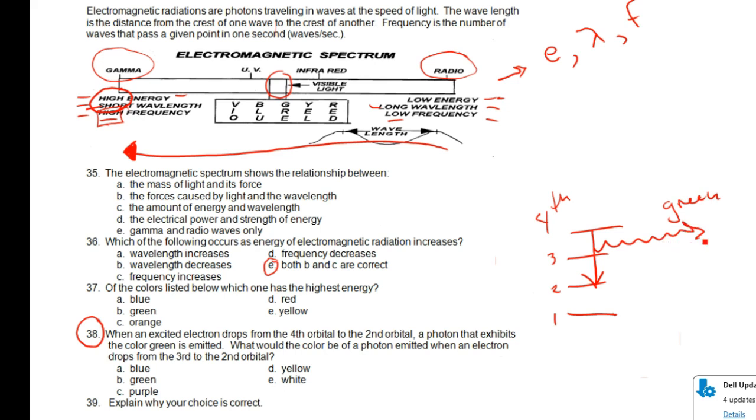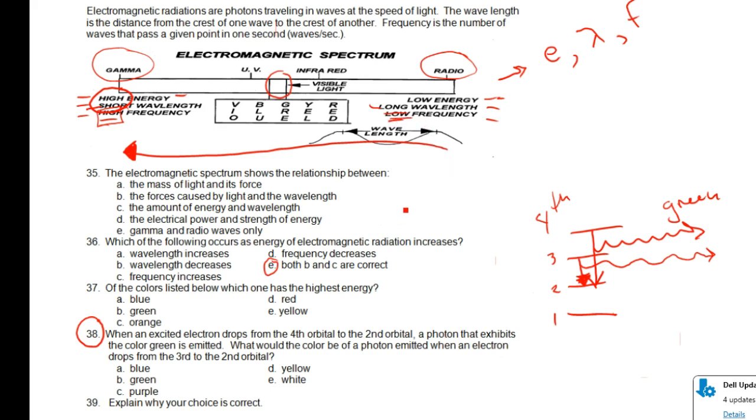What would the color be of a photon emitted when an electron drops from the third to the second? So we have a smaller drop. A smaller drop should give off light with, hopefully you know, less energy, which would mean long wavelengths and low frequency.